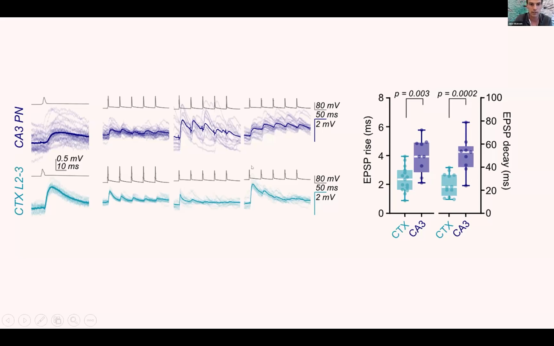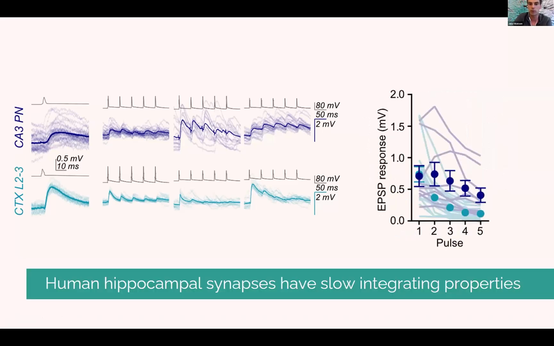And we can clearly see that the CA3 synapses are slower. The rise time and the decay time of the EPSPs here are much slower in CA3. And therefore, hippocampal synapses in the human brain do have the same slow integrating properties that you would expect from what we see in mouse, which is interesting. And of course, this is probably related to their function in association and memory storage.